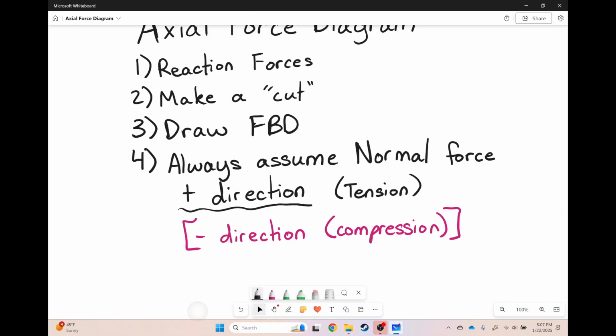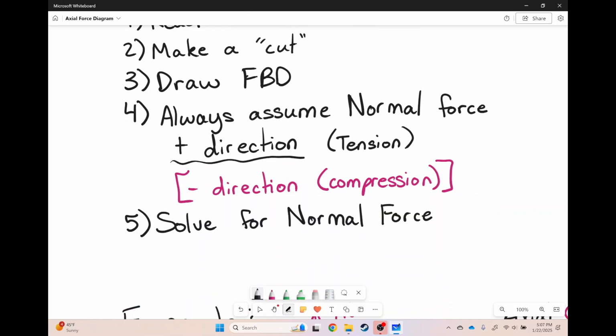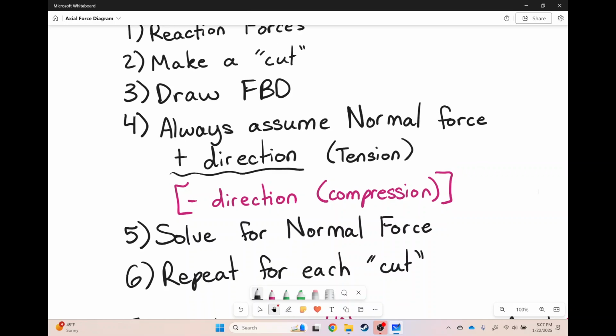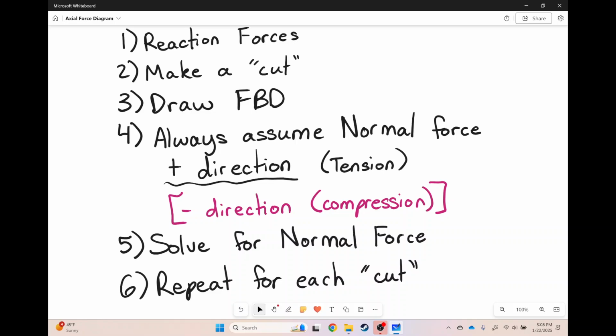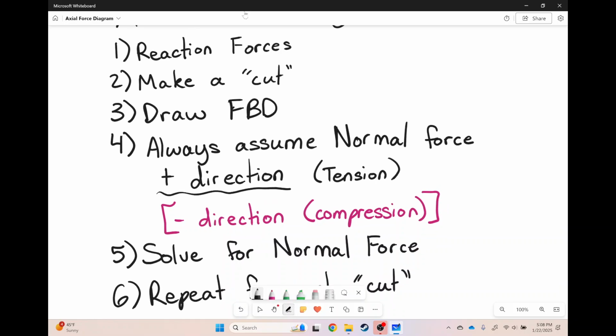And then obviously step number five, solve for the normal force. And then step number six is to repeat for each change in load, or for each cut as we called it just a second ago, right? So what we're going to do is we're going to calculate reaction forces. Maybe you want to put a little star next to this, because technically it's not required.